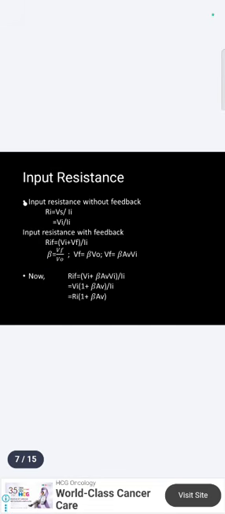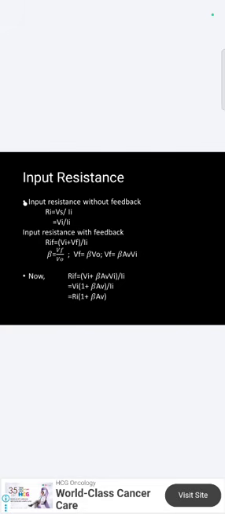Next we will find the input resistance. How will you represent the input resistance? Ri. Then what is the general formula for resistance? R equal to V by I. The same formula we implement here also. First we should find the input resistance without feedback.